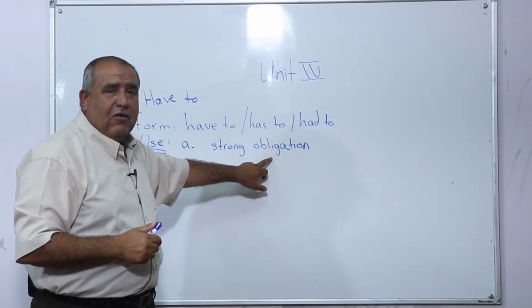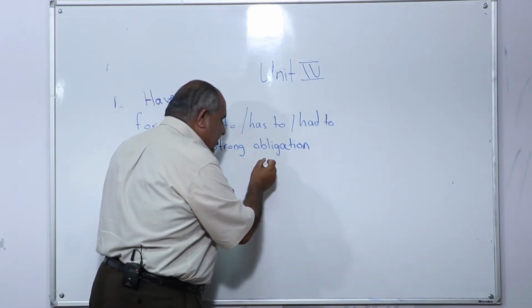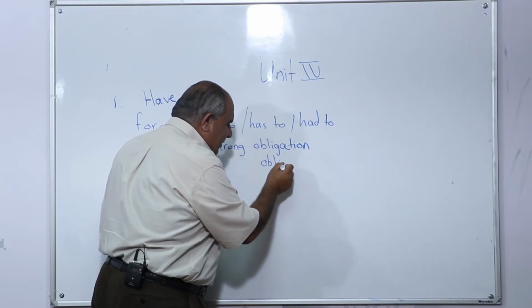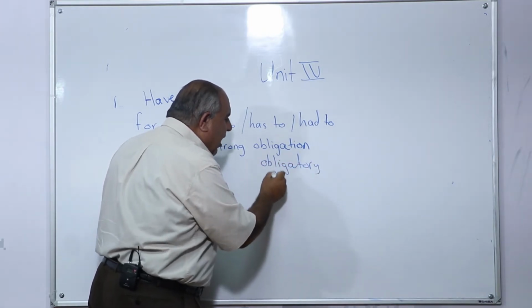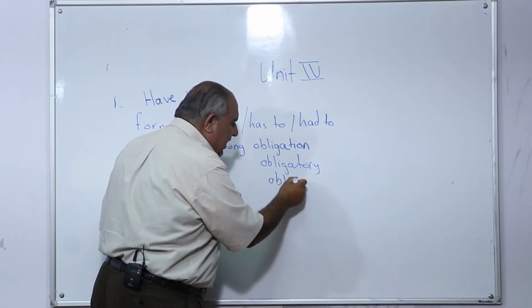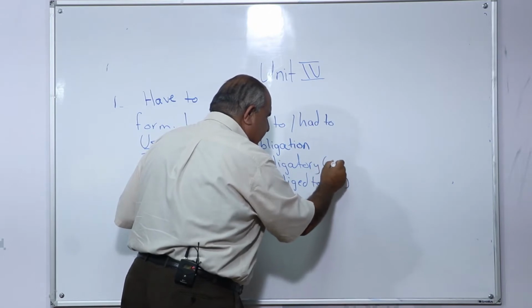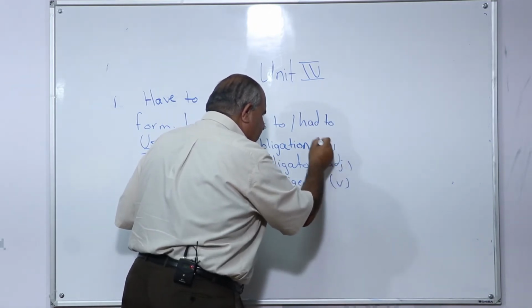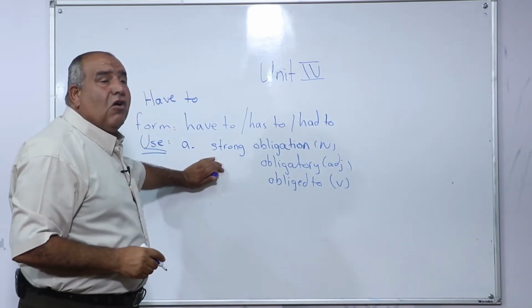Obligation is a noun. The adjective is obligatory. And the verb is obliged to. So when we use have to and its forms, we talk about a strong obligation.